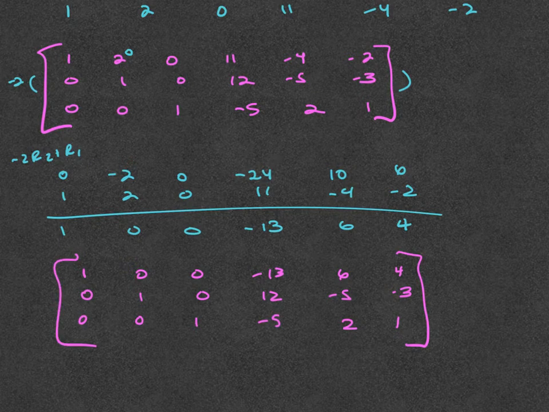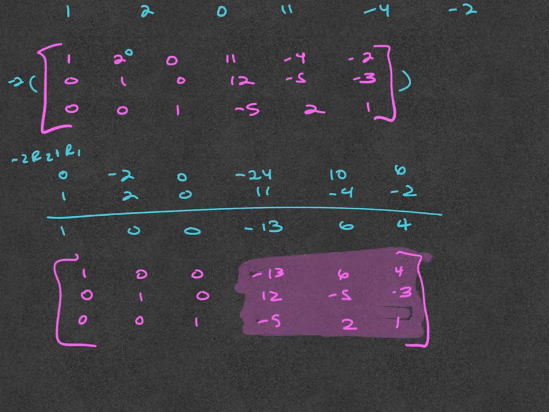And then the right side of this is my inverse. So -13, 6, 4, 12, -5, -3, -5, 2, and 1 should be your inverse. Questions?